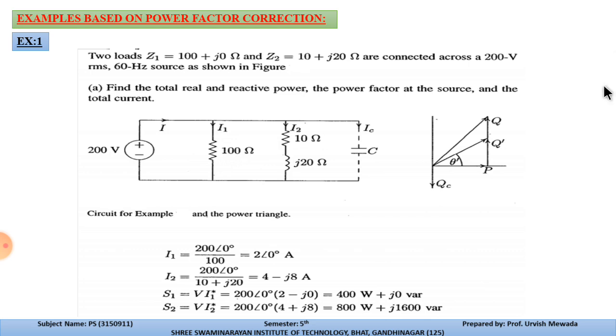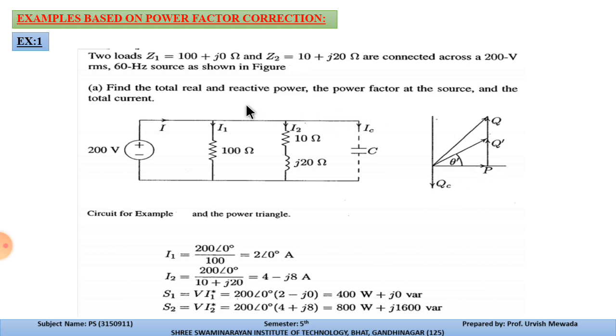Now this is the vector diagram which is plotted for the circuit. You can see that active power is taken as a reference. The reactive power lags somewhat, this is the reactive power Q, and this Q dash is the resultant.